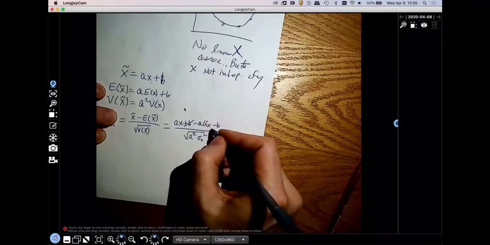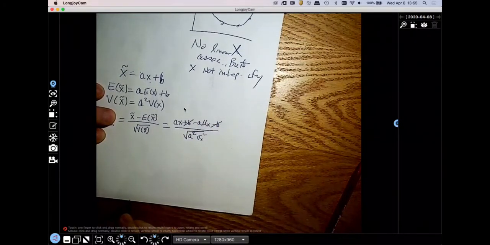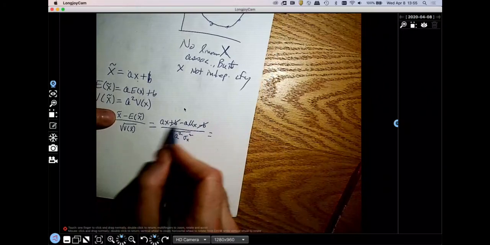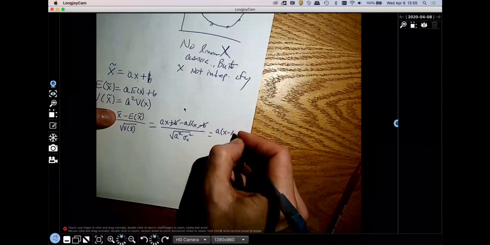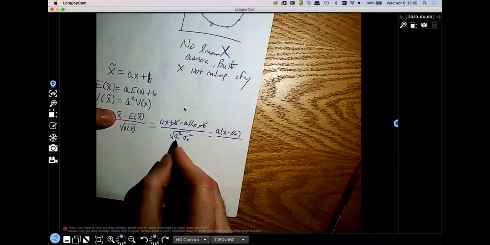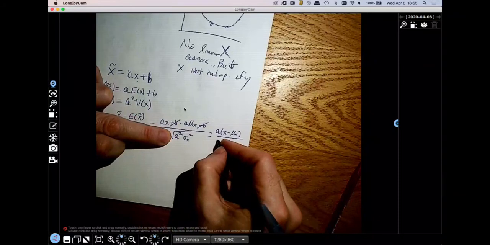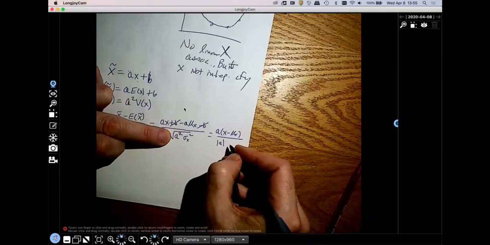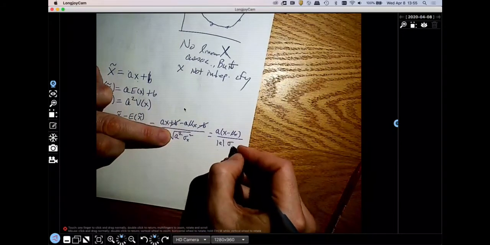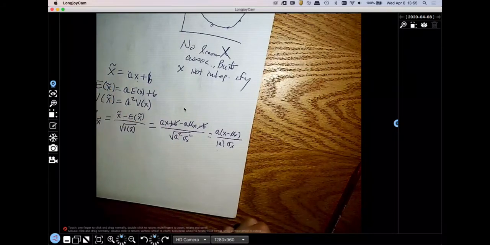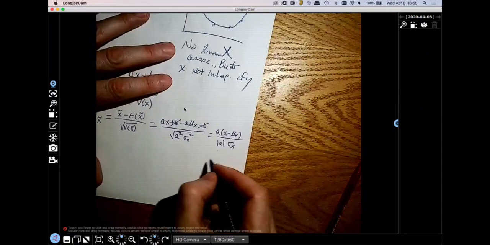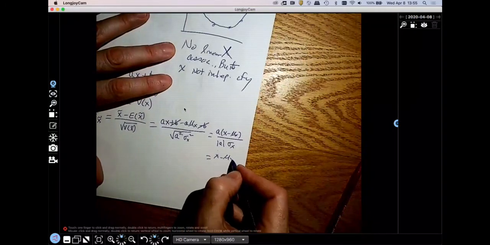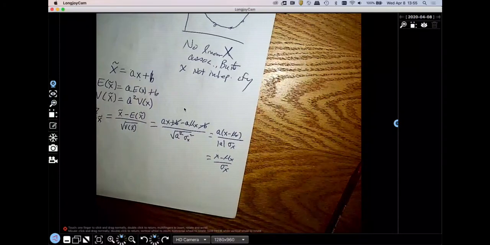Notice minus b cancels out, and I can factor an a out, so a times x minus the mean of x. And down here, what's the square root of a squared? It's the absolute value of a times sigma sub x. The a's cross out, and I'm left with x minus the mean of x divided by the standard deviation of x.